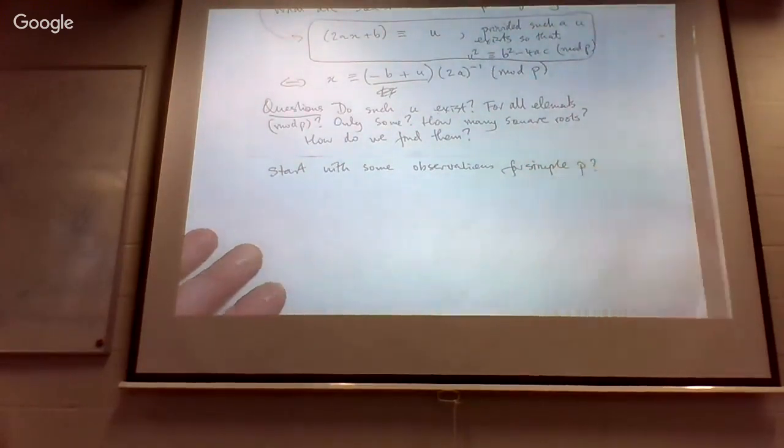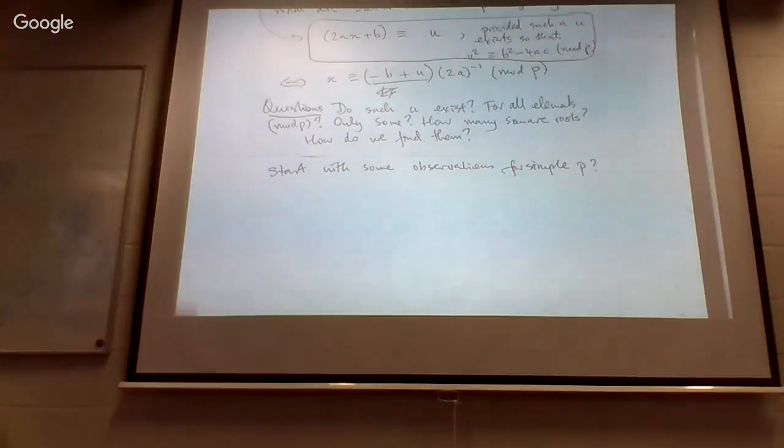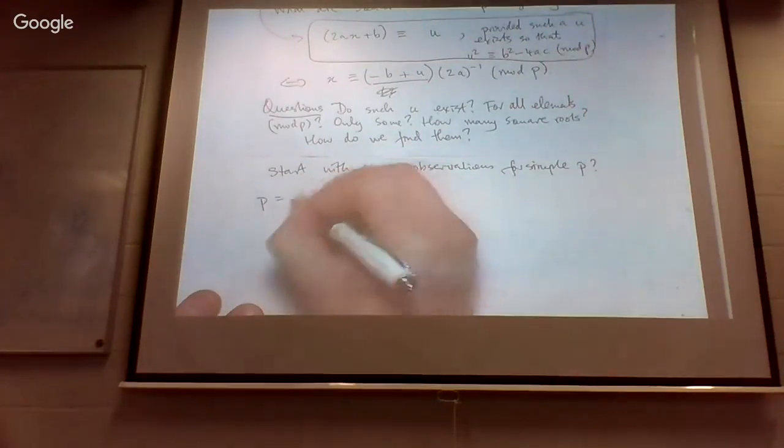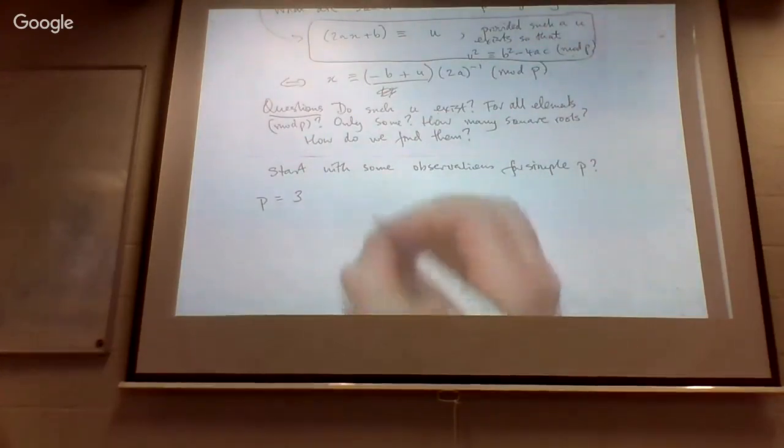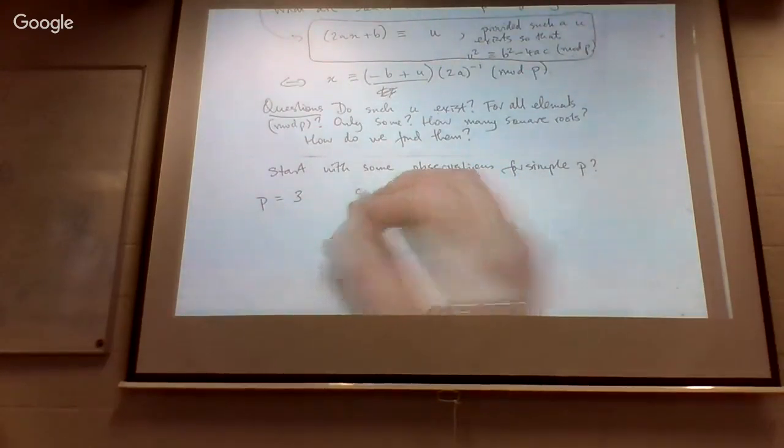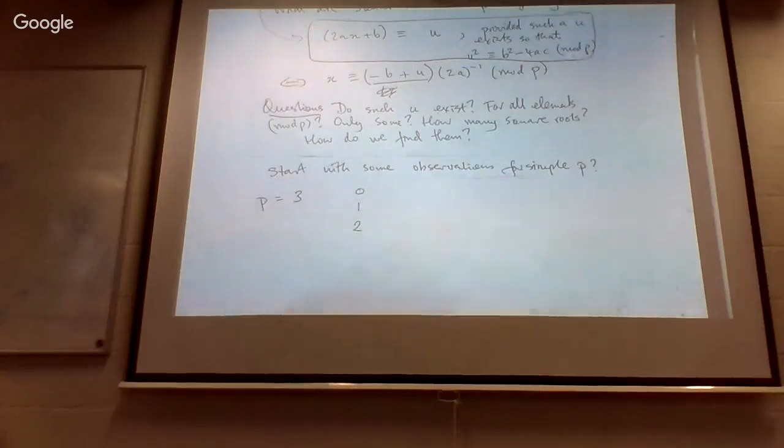Simple p means small primes p. And we said above that p was an odd prime. So the first prime to consider should be 3. Congruence classes mod 3, there's not too many of them, just 0, 1, and 2.